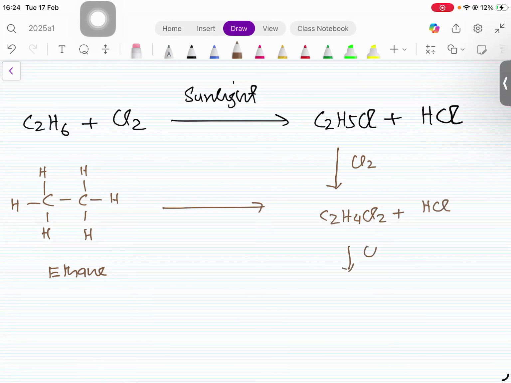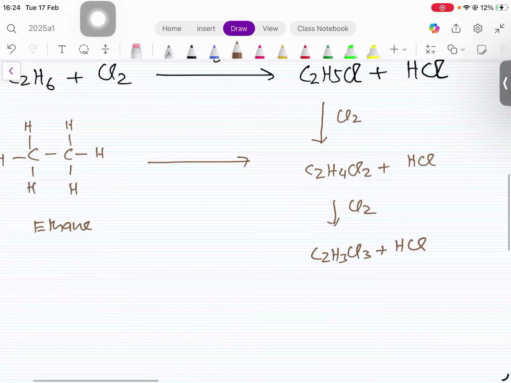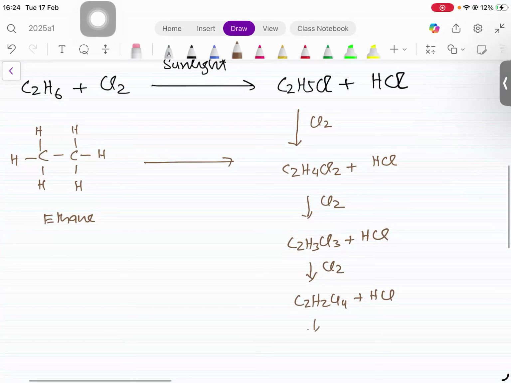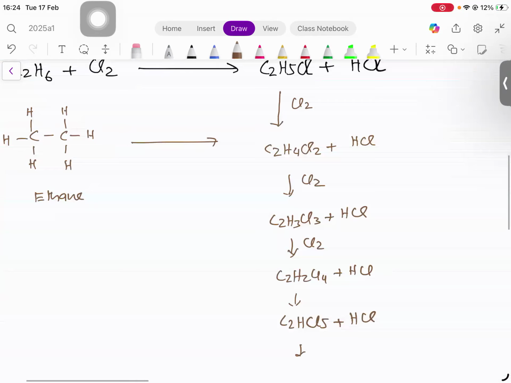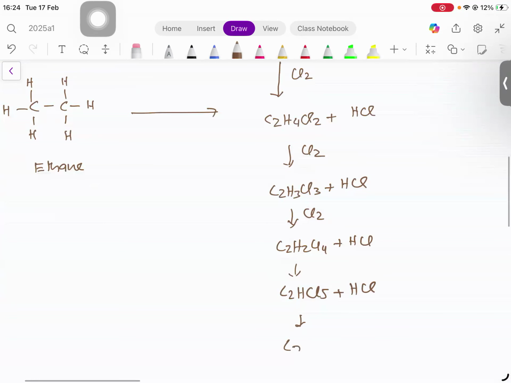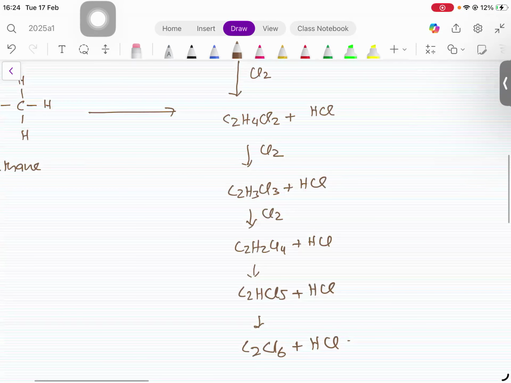It reacts with Cl2 again to form C2H3Cl3 plus HCl, then C2H2Cl4 plus HCl, then C2HCl5 plus HCl, and then with Cl2 to form C2Cl6 plus HCl. Is it like this?